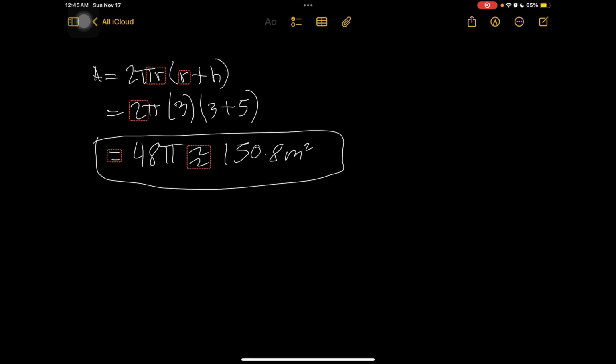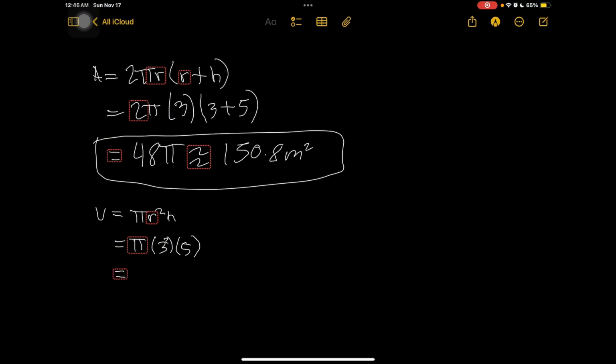And now let's find the volume of cylinder. So the formula of volume is V equals pi r squared times height. So pi, and for our r, or radius, which is 3 squared, multiplied by height, which is 5.